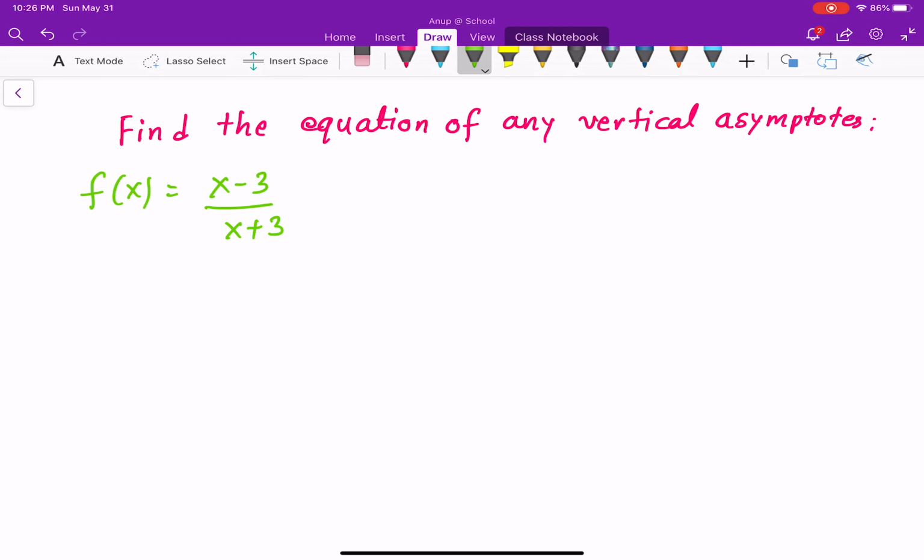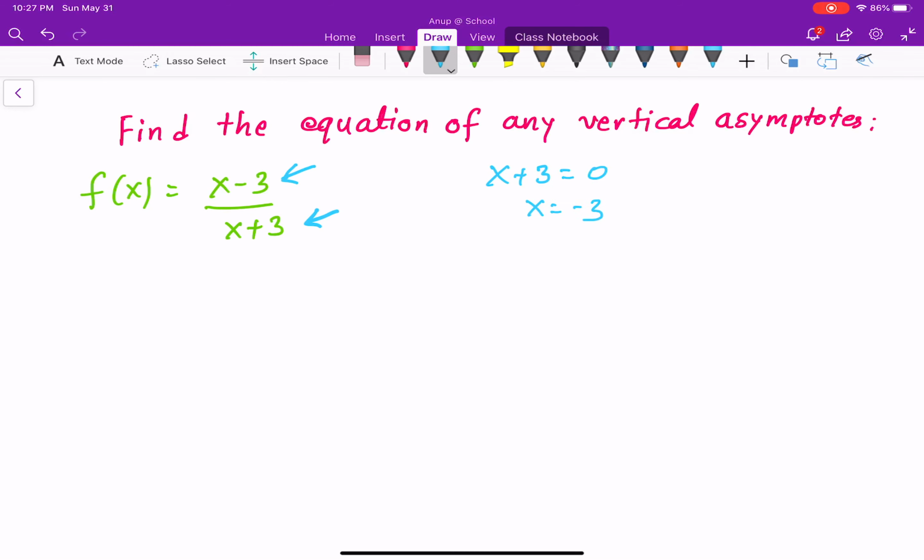As we have discussed earlier, to find the vertical asymptote of the rational function, first of all we can check if they have any real zero in common. We can see on this rational function the denominator polynomial has a linear factor, x plus 3, and the numerator is x minus 3, so the denominator will be 0 whenever x plus 3 is equal to 0. That means when x is equal to minus 3.